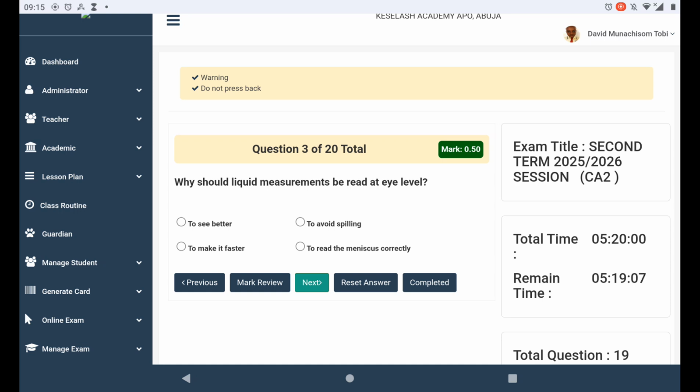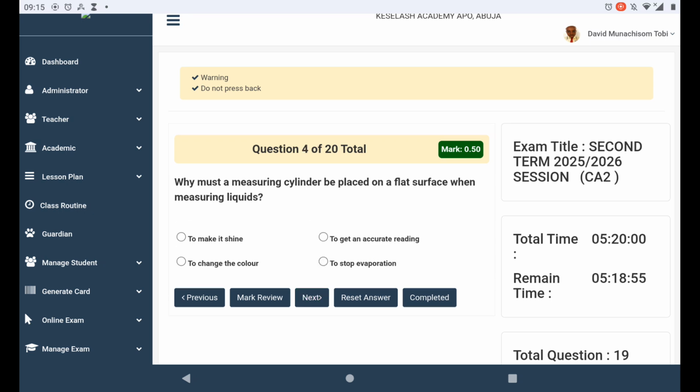Why should liquid measurement be read at eye level? So it's to read the measurement carefully and correctly. Why must a measuring cylinder be placed on a flat surface when measuring liquid?